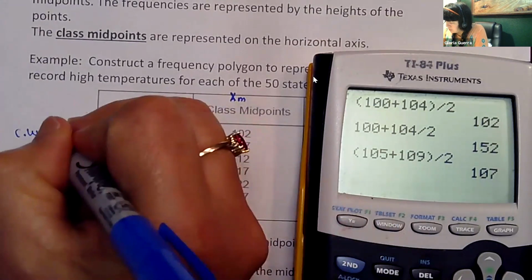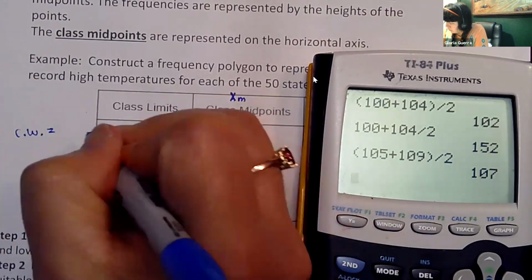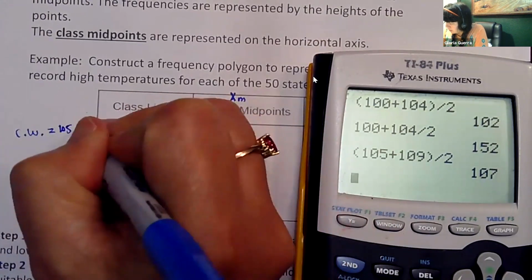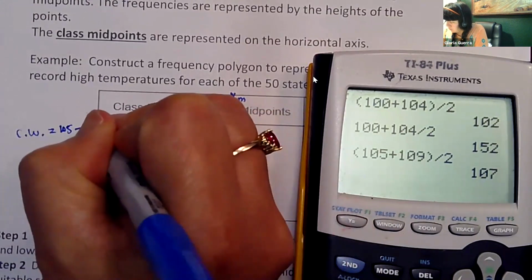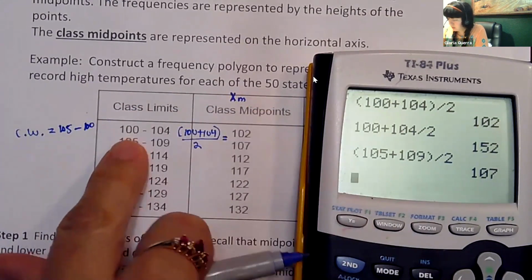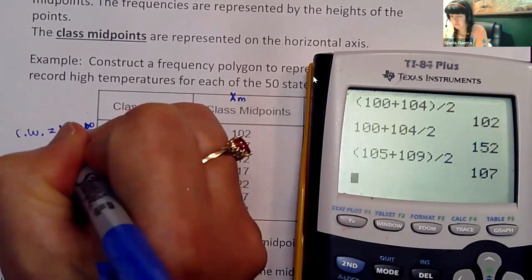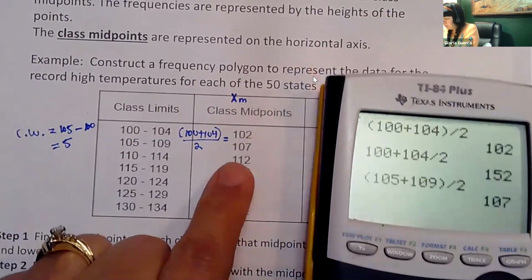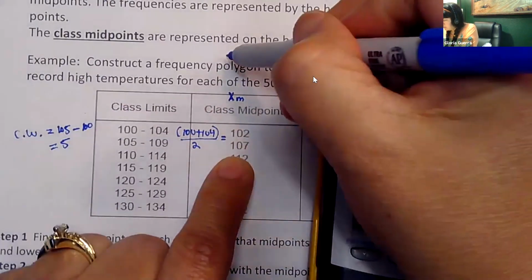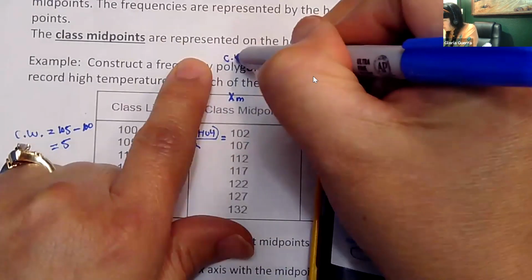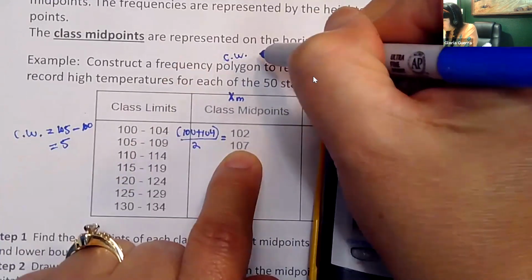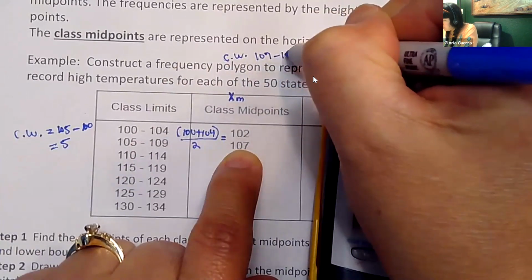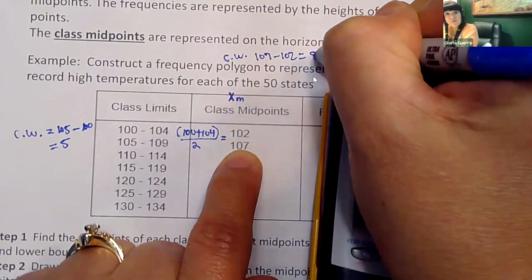If I do my class width, 105 minus 100 is just 5. And if I do that on my class midpoints, 107 minus 102, see how I get 5?